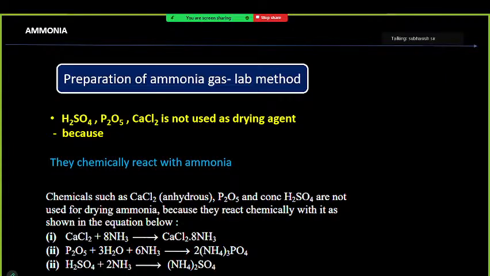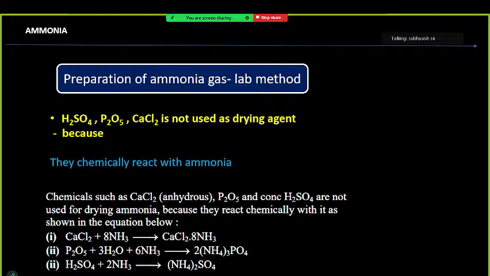P2O5 is also reactive towards ammonia with the formation of ammonium phosphate. And calcium chloride forms an addition compound, CaCl2·8NH3. So all those drying agents should not be used for drying ammonia gas.